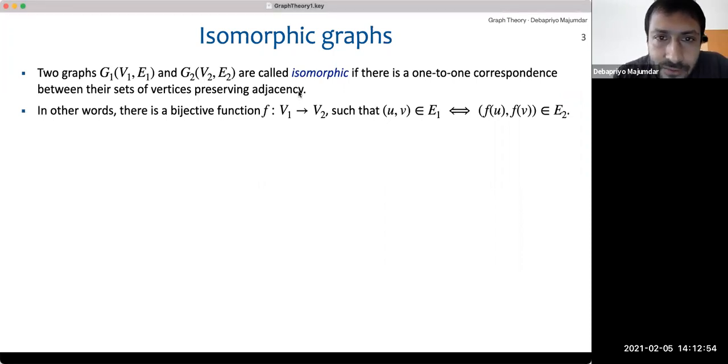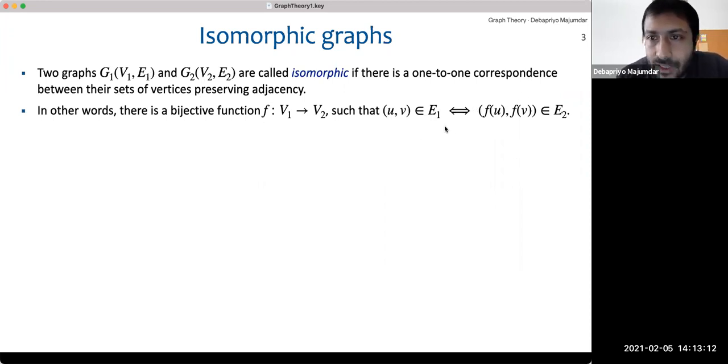what do you mean by preserving adjacency? If there is an edge between u and v in the first graph, then the images of these two vertices will also have an edge in the second graph, and vice versa.